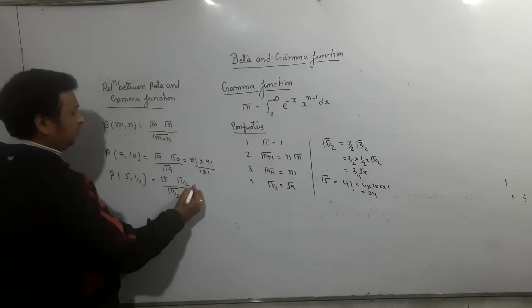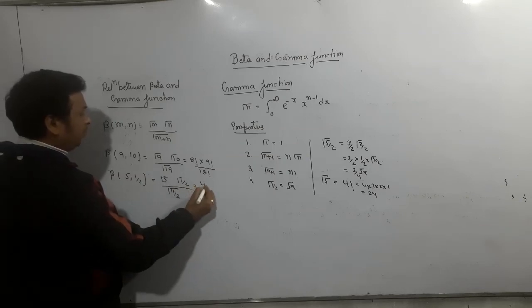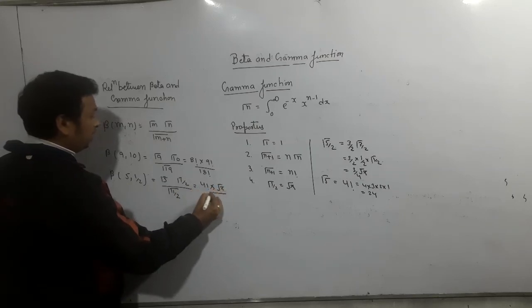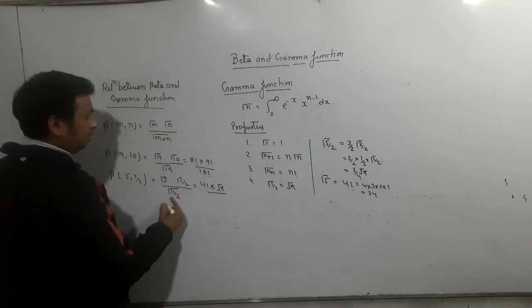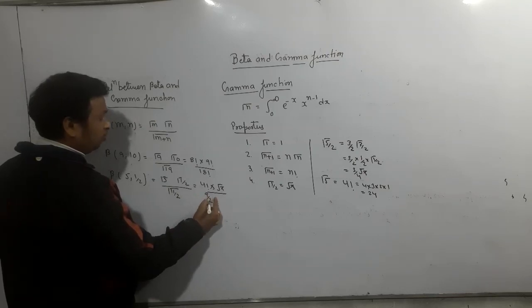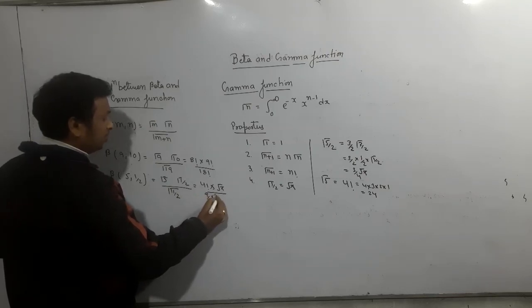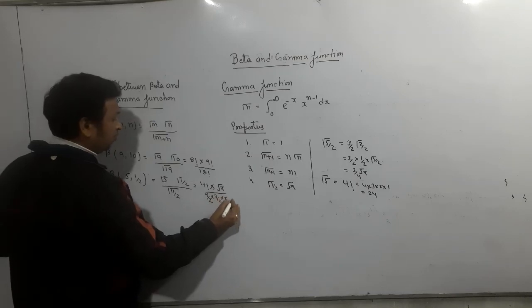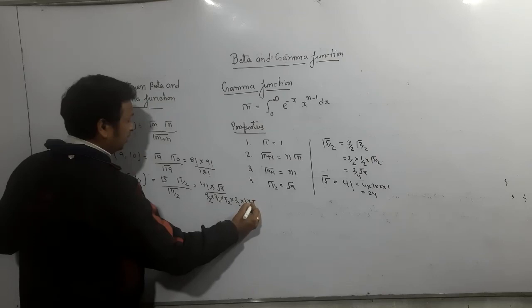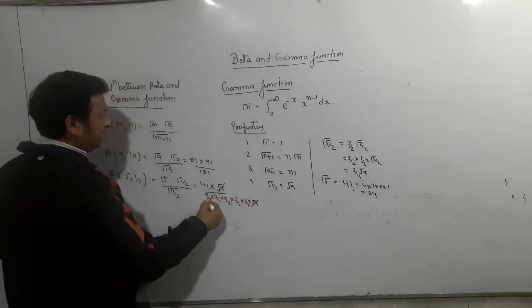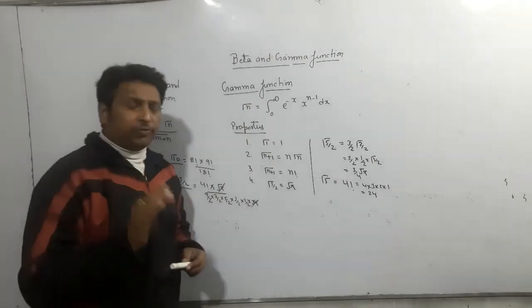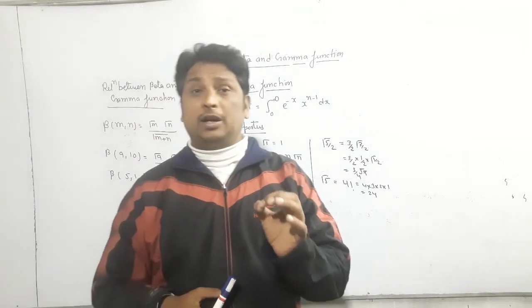Gamma 5 means 4 factorial, gamma 1 by 2 means root pi, and gamma 11 by 2 means subtract 1, 9 by 2, gamma 9 by 2, then 7 by 2, 5 by 2, 3 by 2, 1 by 2, root pi. Root pi cancels, and simplify. That is the answer. So this is the relation between beta and gamma.